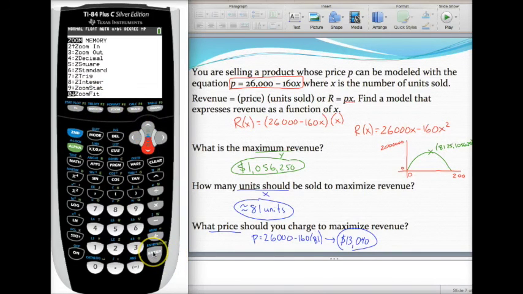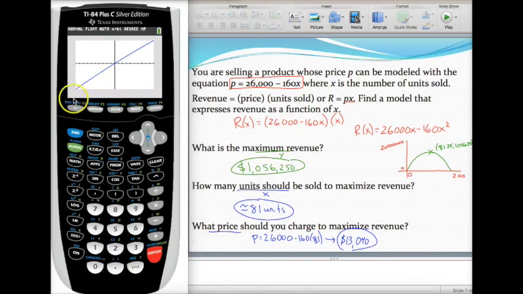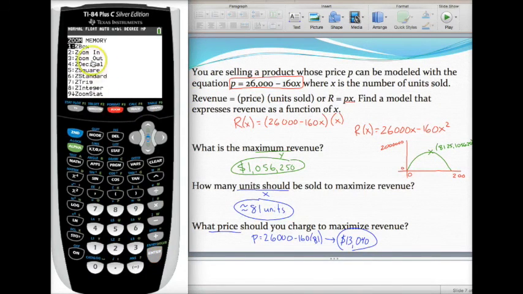So if I select zoom fit and press enter, you'll see why I hate this in a second. I actually get a really horrendous looking picture of a parabola. In fact, it doesn't look like a parabola at all. It really just looks like a line, even though it is supposed to be a parabola. I hate zoom fit, but here's what someone discovered. If you go back into zoom and then select zoom out, option 3, you actually have to press enter to make it zoom out.